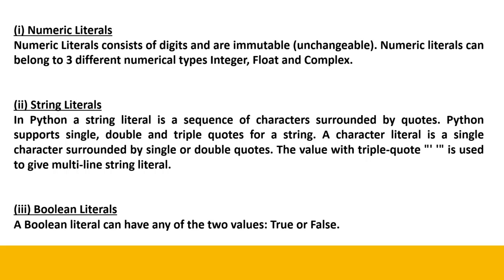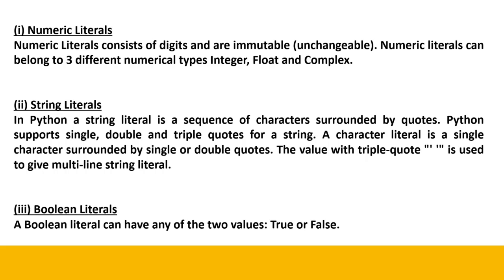Such numbers are known as floating point constants or literals. Complex numbers consist of an integer part, a floating point or fractional part, and an exponent part.